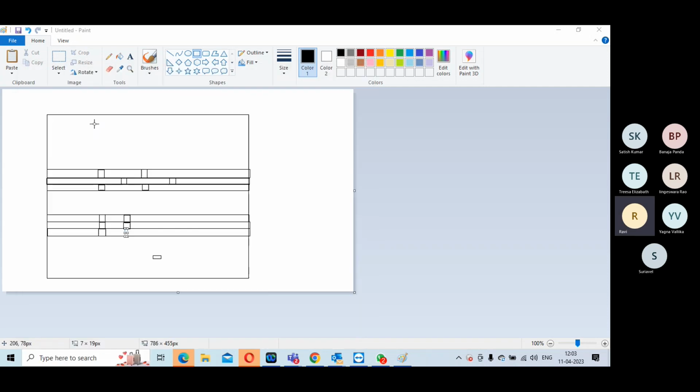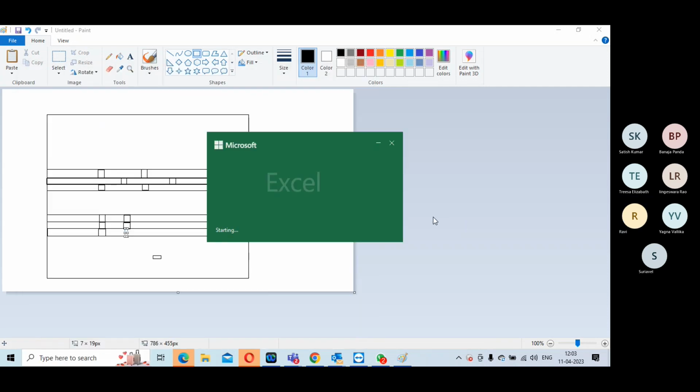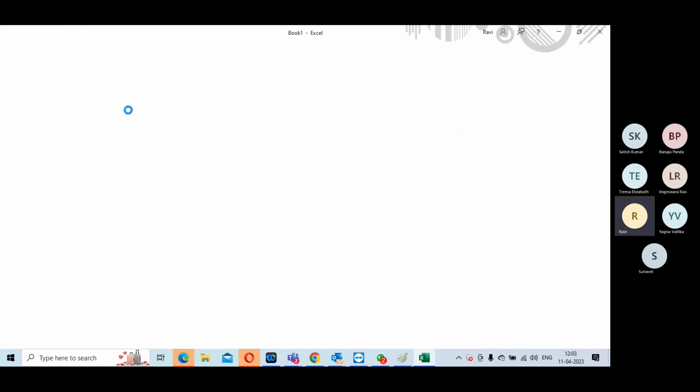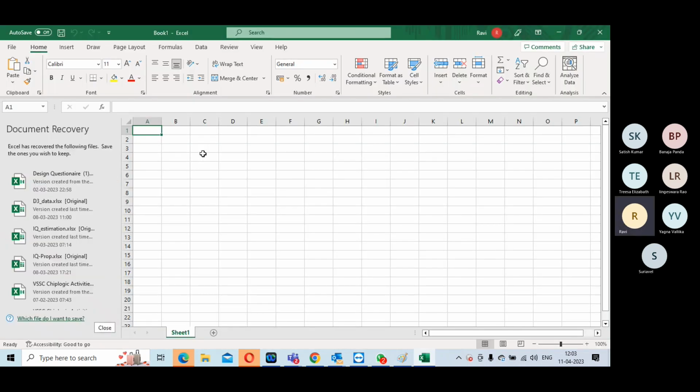Okay, let me share what I am saying. Look at this, here is an Excel sheet. There will be ECO fill 1. Similar to this, you can have ECO fill 1, 2, 3, 4, 5, 6. The size may be different.